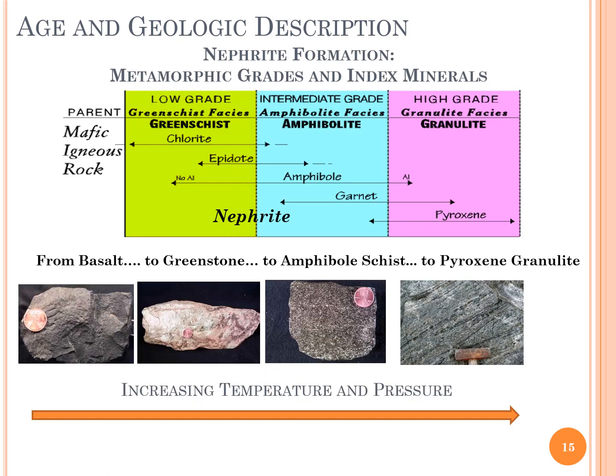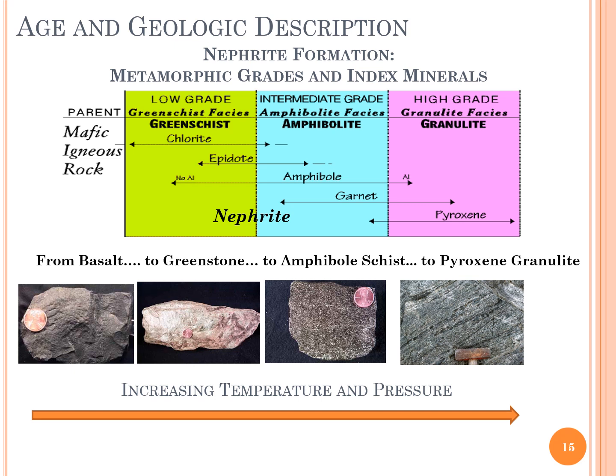Now, if we look at nephrite in particular and talk about the different metamorphic grades, in other words, changes in temperature and pressure, and what we call index minerals, minerals that we find in rocks that suggest they are in those temperature and pressure conditions, what we see here is the parent, or where this rock begins, as a mafic rock, or a rock that contains a fair amount of iron and magnesium.